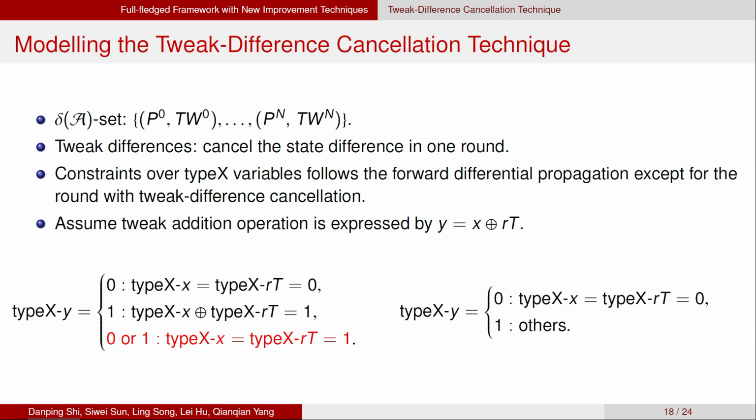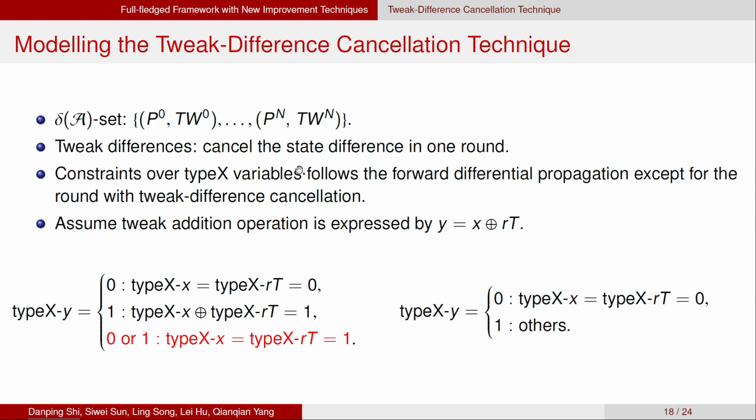For a tweakable block cipher, the delta A set is now a plaintext-tweak combination. The tweak difference can be controlled to cancel the state difference.